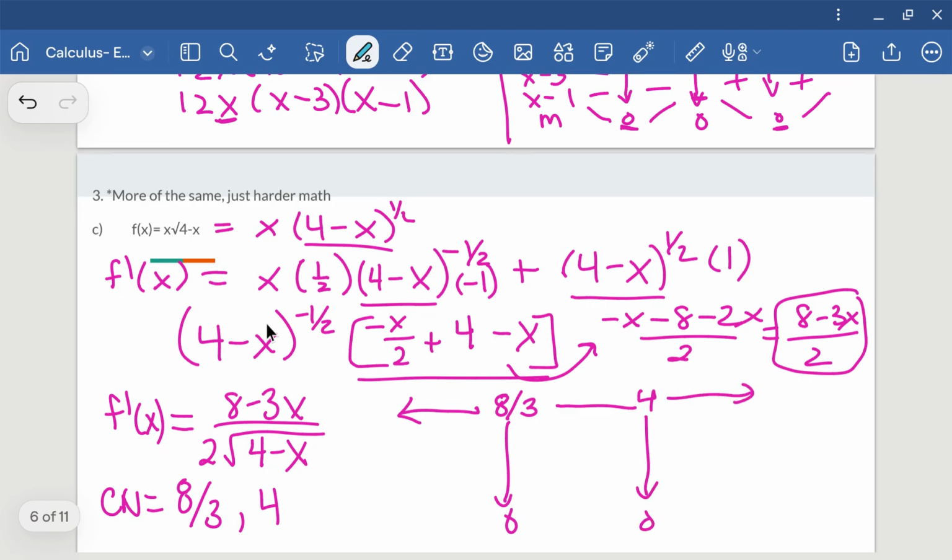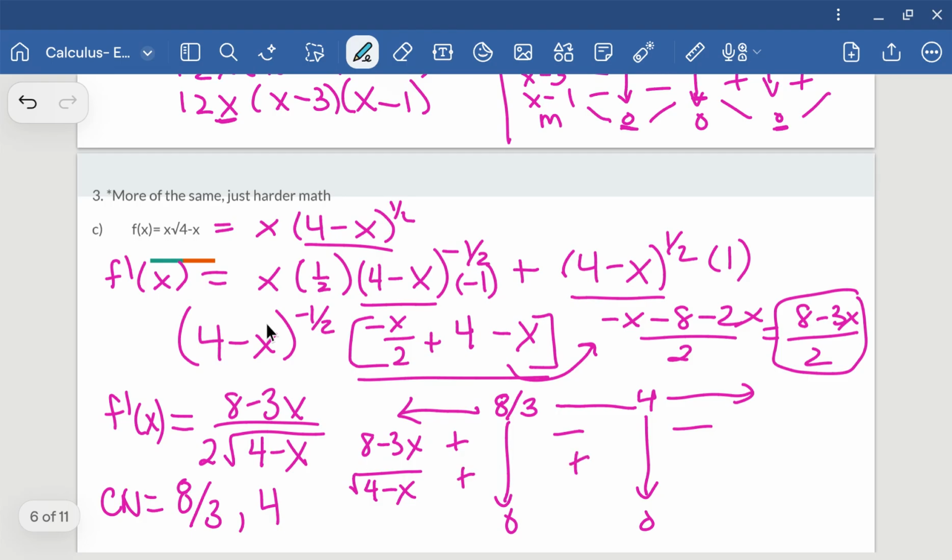And then our factors, you have 8 minus 3x, and you have the root of 4 minus x. So looking at the first one, anything less than 8 over 3, your slope will be positive. Anything above that will be negative. For the value of 4, if we plug in anything below 4, it's going to be positive.